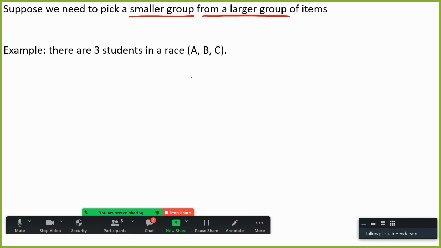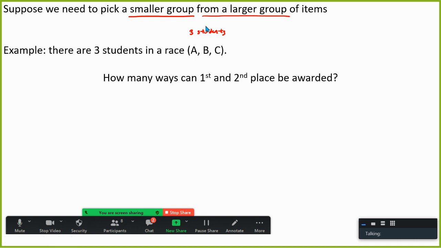So suppose we're going to start with a small example with 3 students in a race, and I'm going to name these students A, B, and C, just to make it easy. So these are the 3 students right here. They're racing down the street together. How many ways can first and second place be awarded?